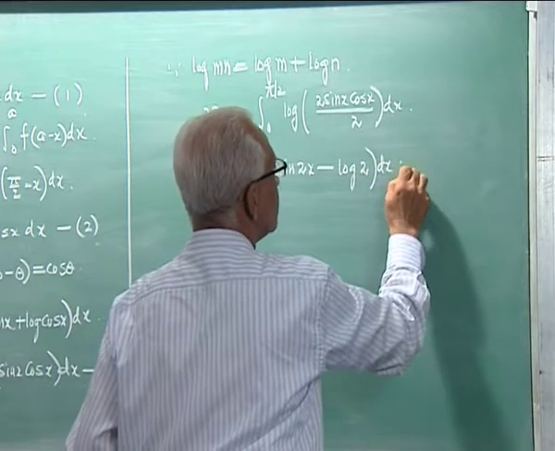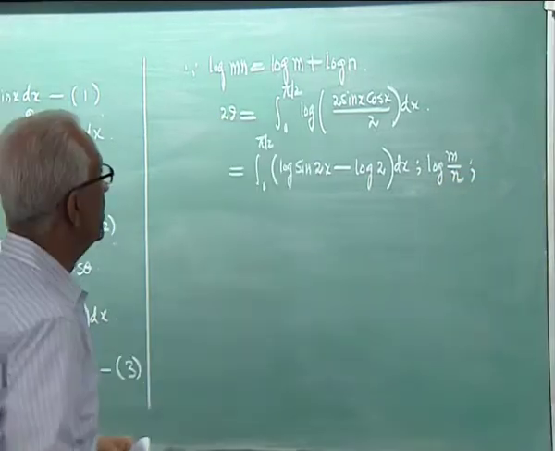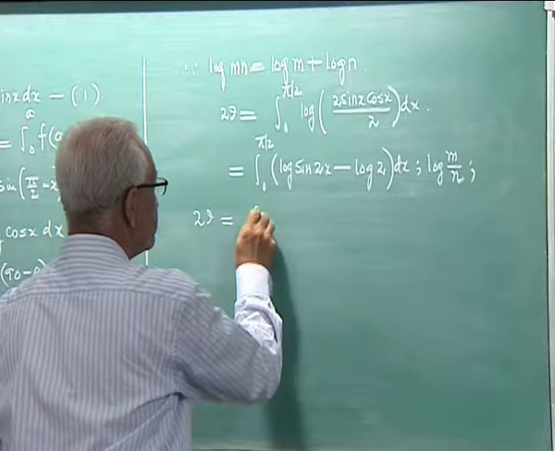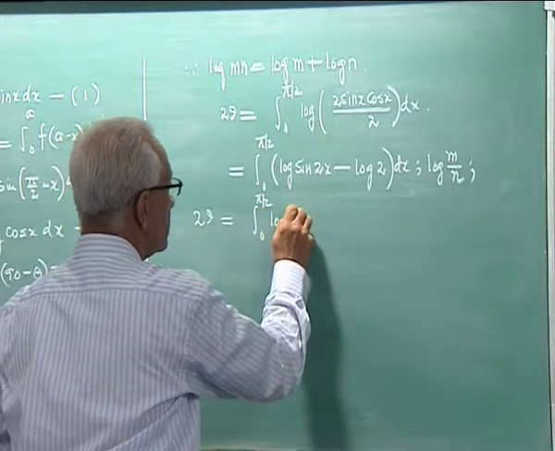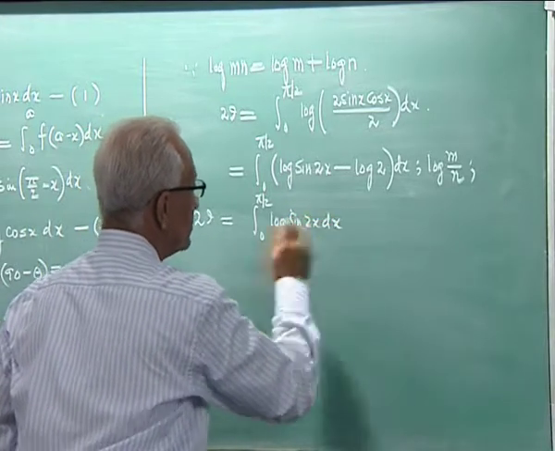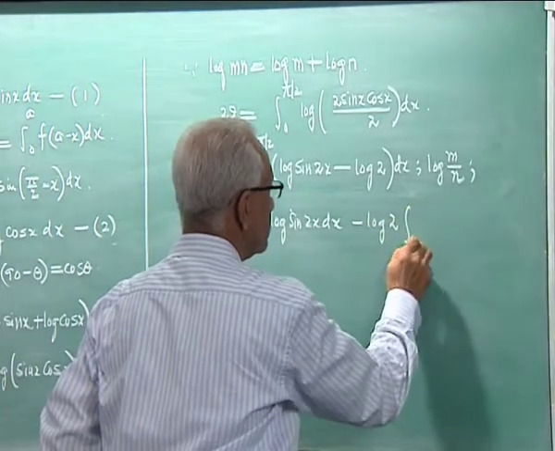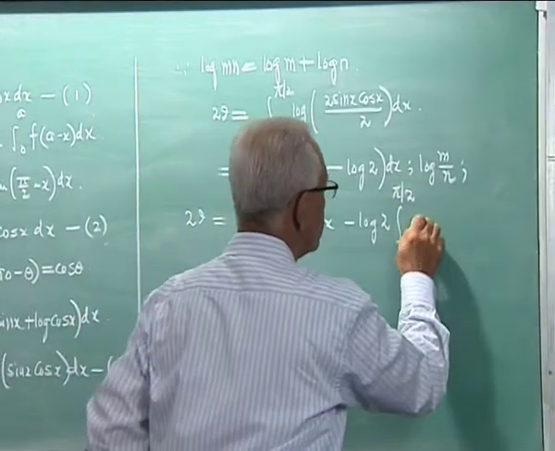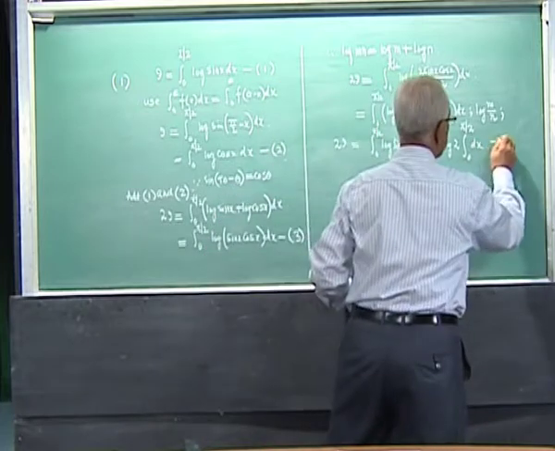I have used the formula log of m upon n, and so I get 2 times integral is equal to 0 to pi by 2 log sine of 2x dx minus log 2, being constant, I can take it directly out of the integral sign, 0 to pi by 2, this is dx. At this particular stage, I'll call it 4.